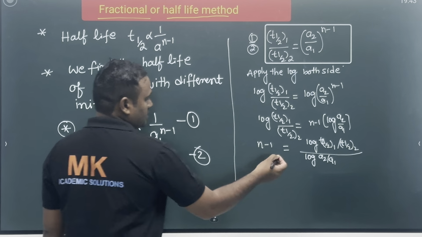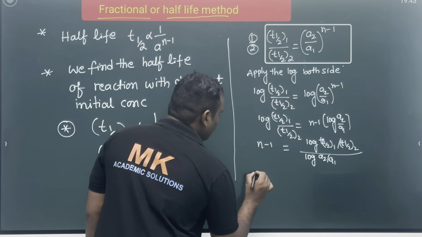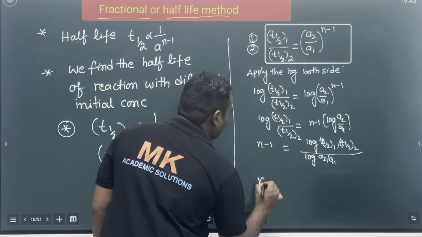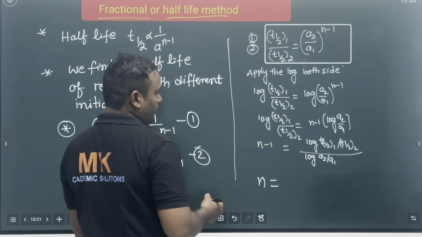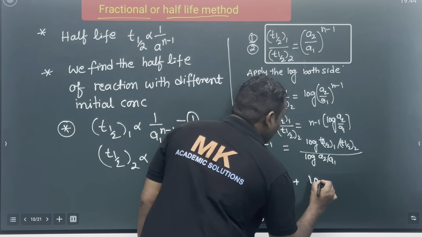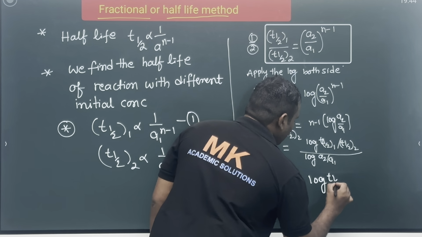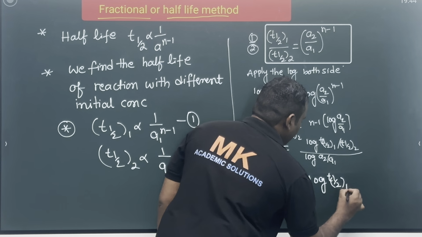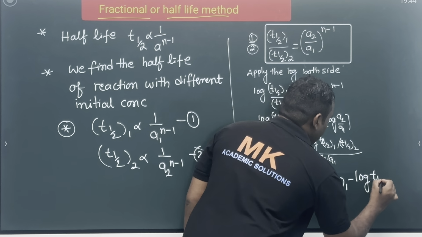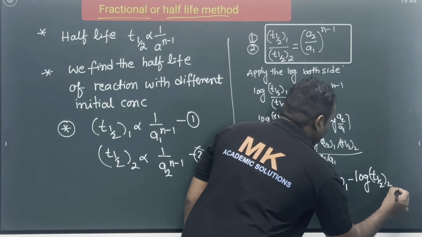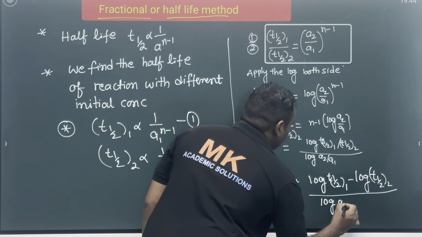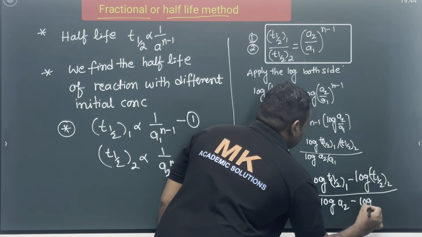So we can change this as n is equal to 1 plus log t half 1 minus log t half 2 by log a2 minus log a1.